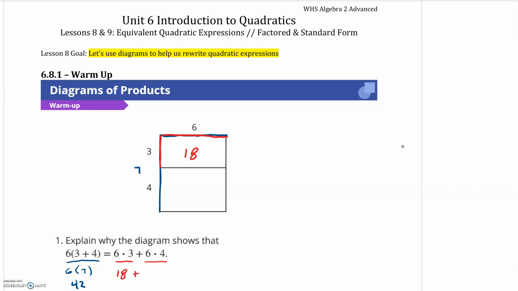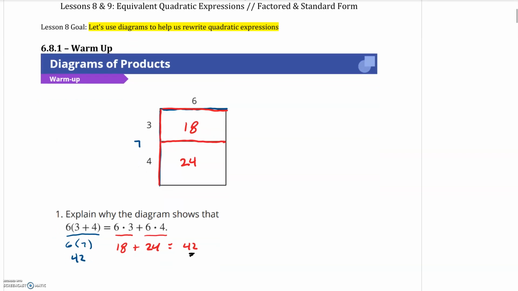But then in addition to that, we have a side length of 6 and a side length of 4, for a total area of the bottom rectangle of 24 square units. And of course, 18 plus 24 is 42. So we can see that we have two areas that are the same.